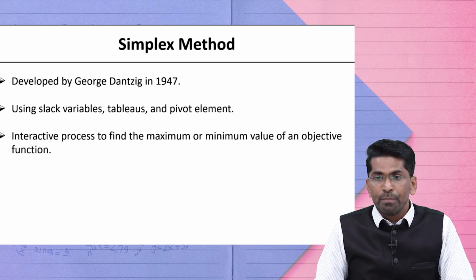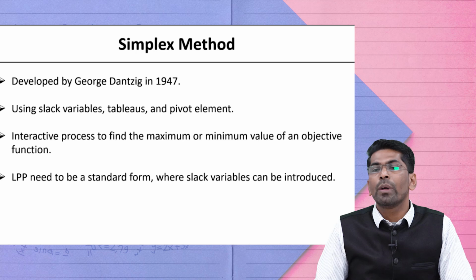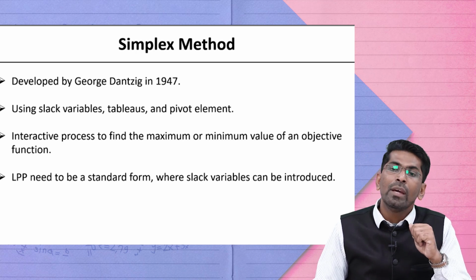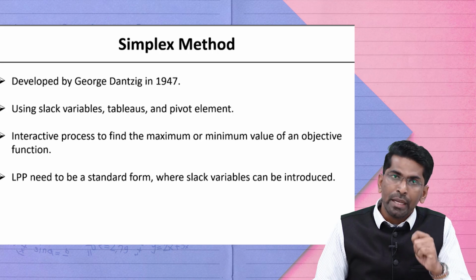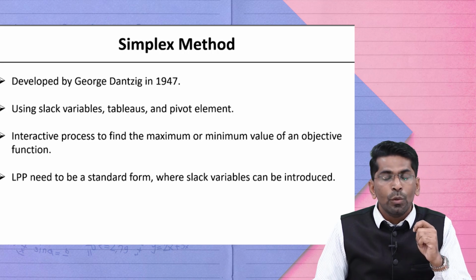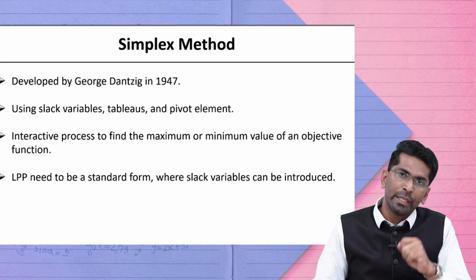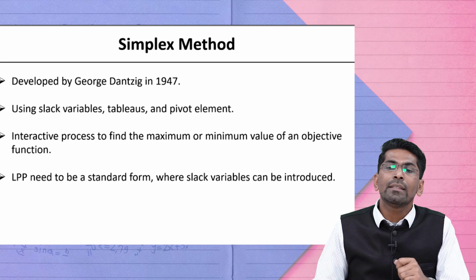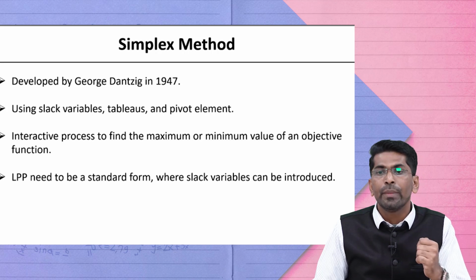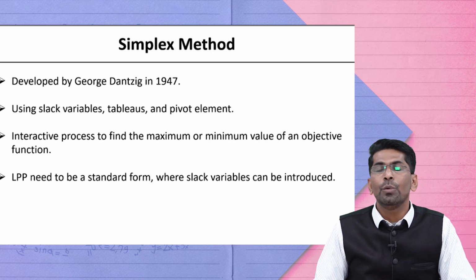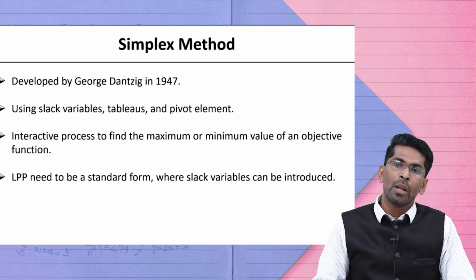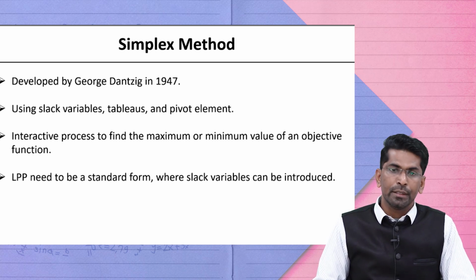To use the simplex method on a given linear programming problem, we start with a standard form where the slack variables can be introduced, and using the tableau and pivot element an optimal solution can be reached. And we will discuss here the stepwise procedure to find the optimal solution to a linear programming problem by using the simplex method.